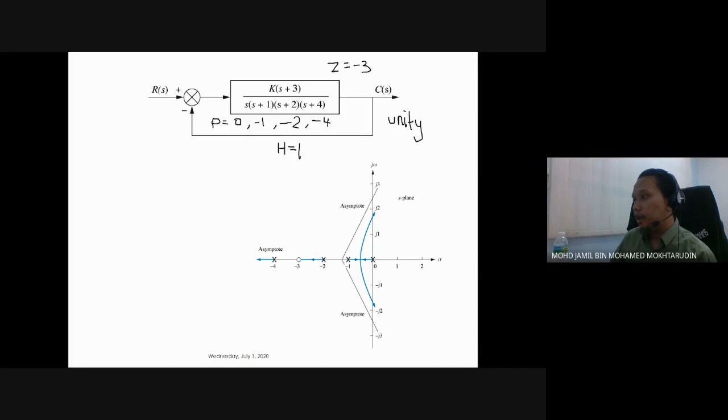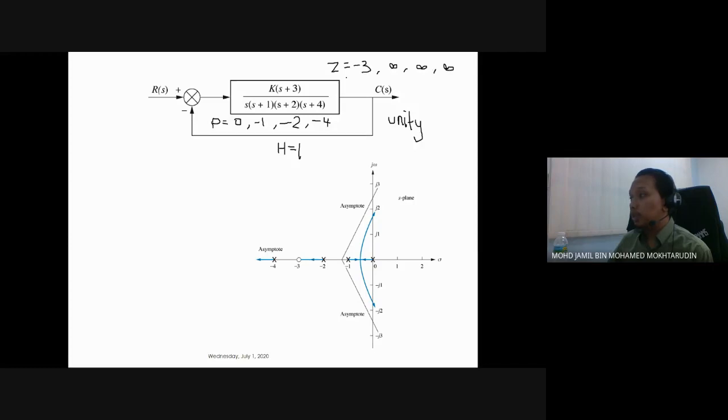And then the zero will be -3. Because you have 4 poles, your zeros must also number 4. So you get 1 zero only, here at -3, and the remaining 3 zeros will be at infinity.